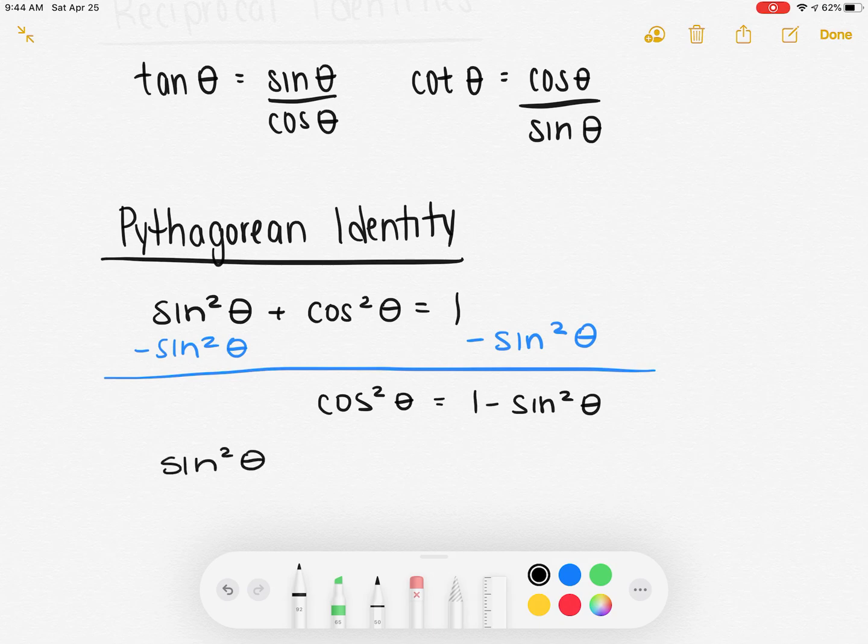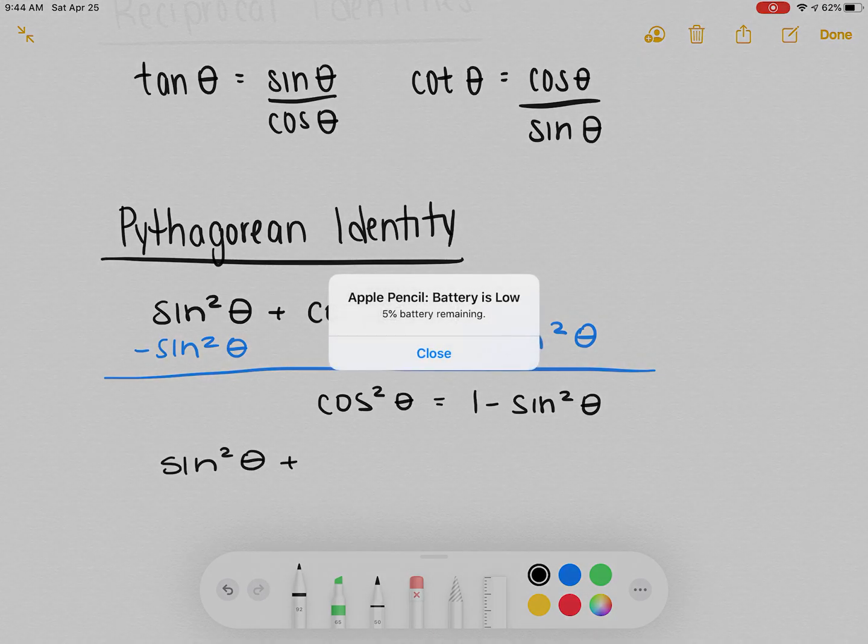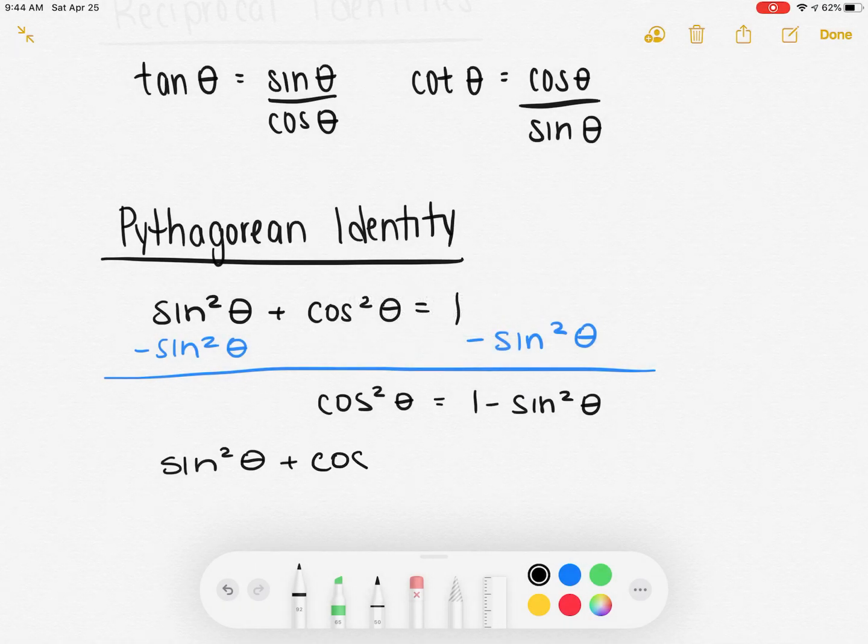if I need to get sine squared by itself. If I want to get sine squared by itself, I can do the same thing.